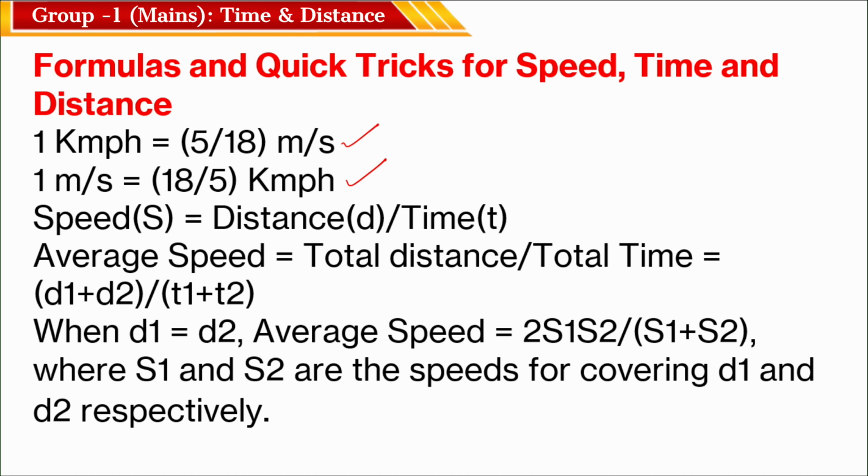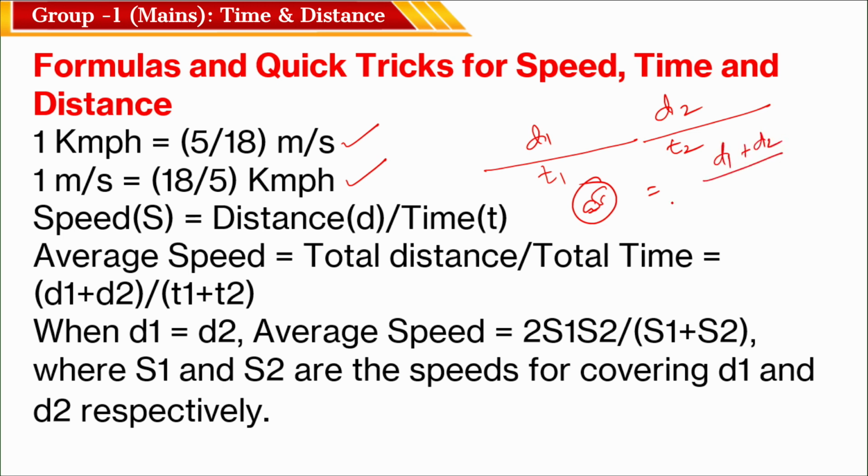So for example, a distance d1 is travelled in t1 time, and a distance d2 is travelled in t2 time. Then if you want to get the average speed, it is simply equal to total distance d1 plus d2 by total time t1 plus t2.